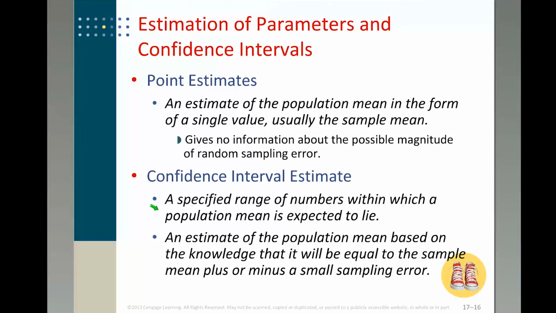And in particular, when we produce this range, we want to be as confident as we could, and that's why we call it a confidence interval. It's a range for the population mean. It's not an ordinary range. It's a range that we are very confident the population mean would be within.